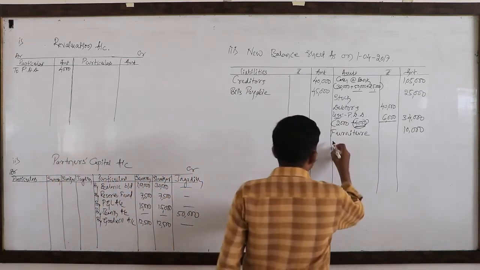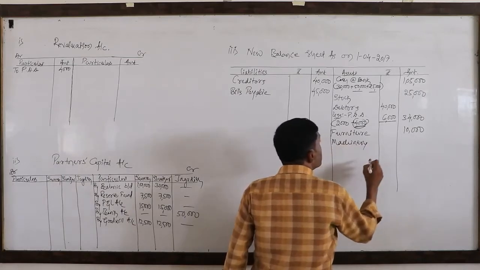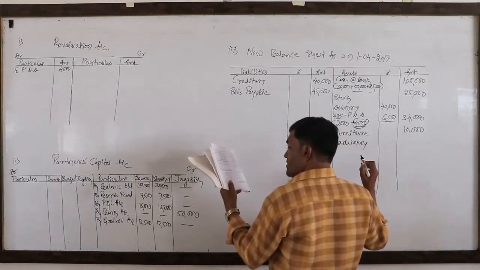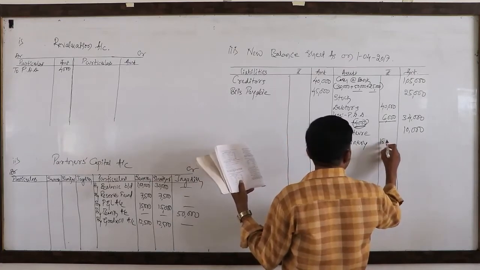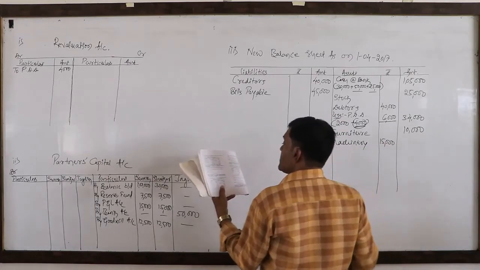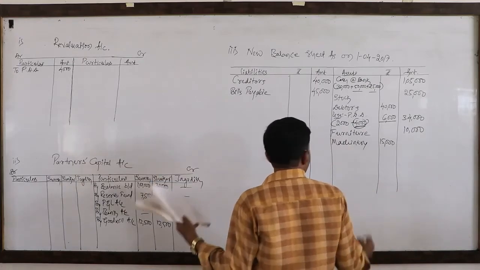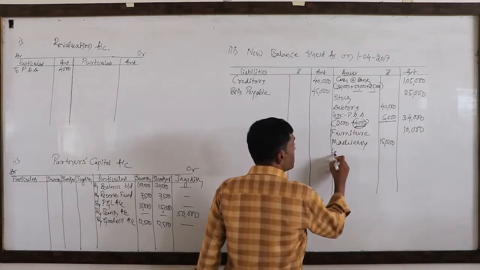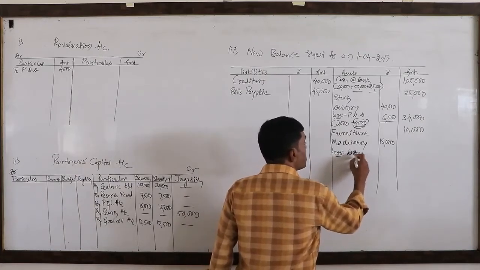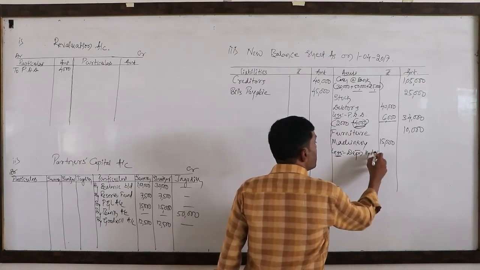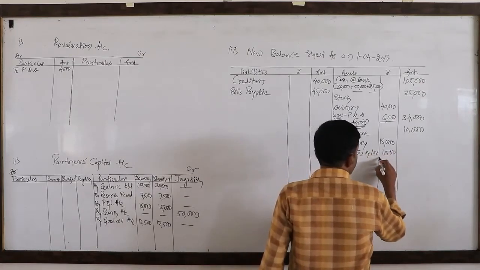Next, after furniture, the machinery. There is an adjustment for machinery, so that is the reason I am going to write it in the inner column. Machinery 15,000. The adjustment is to depreciate machinery by 10%. Less depreciation by 10%, that means 1,500.